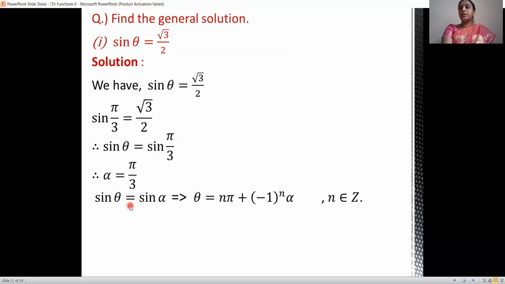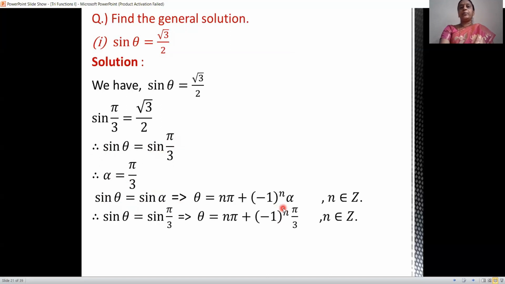Now, if the function is of the type sine theta is equal to sine alpha, then this implies that the general solution is theta is equal to n pi plus minus 1 raised to n into alpha. Therefore, you write here, sine theta is equal to sine alpha implies theta is equal to n pi plus minus 1 raised to n into pi by 3.